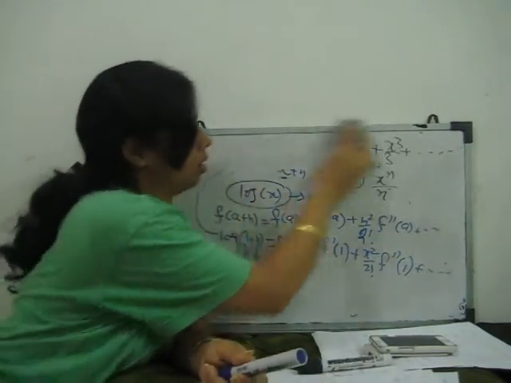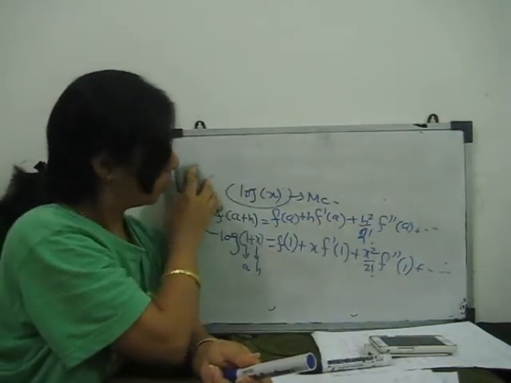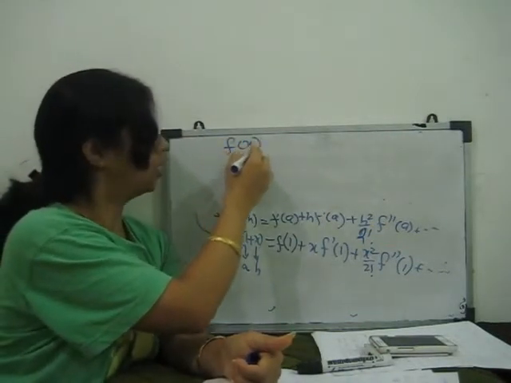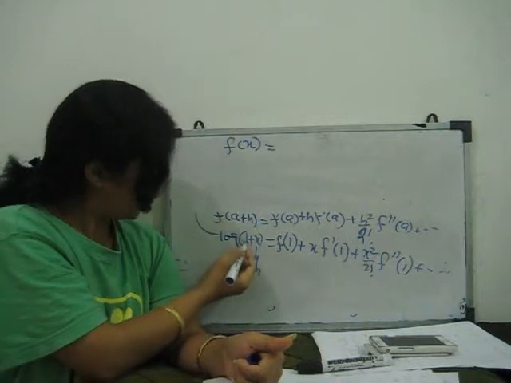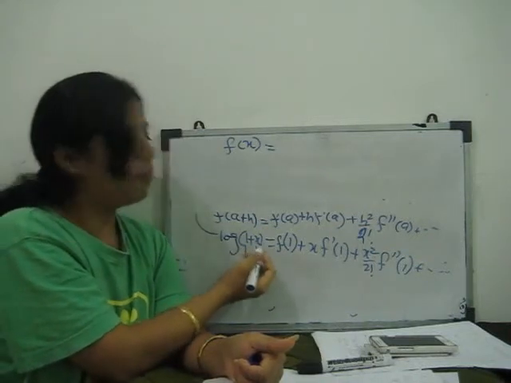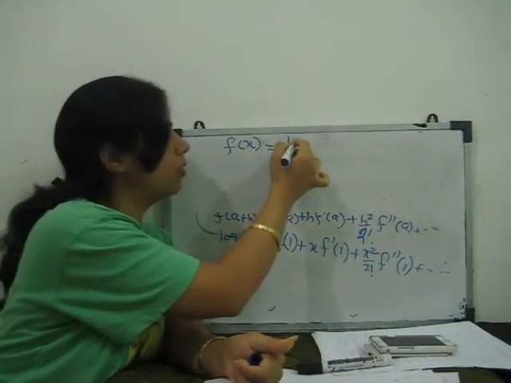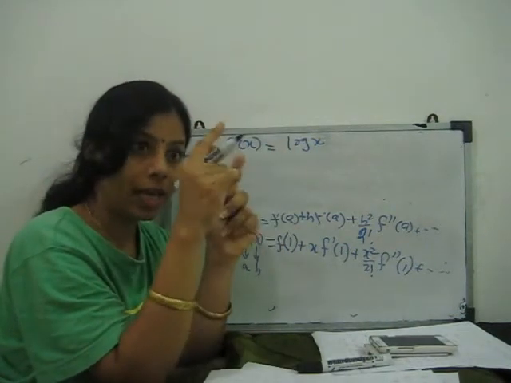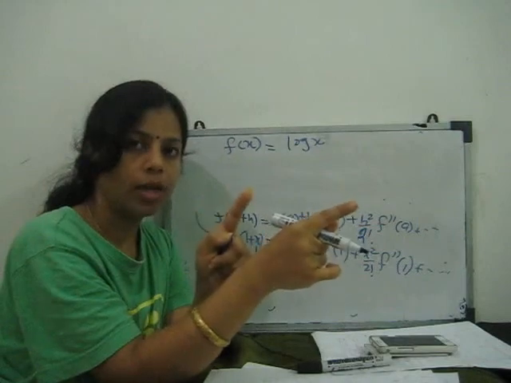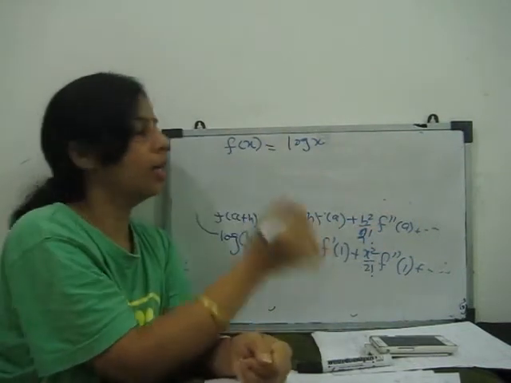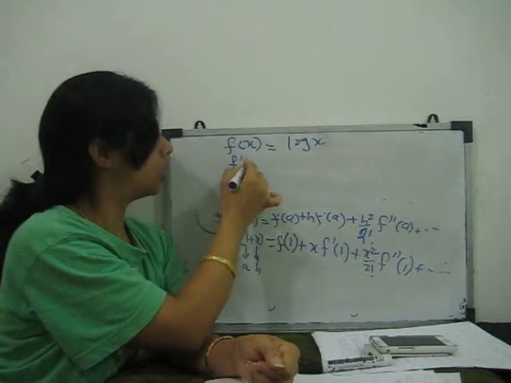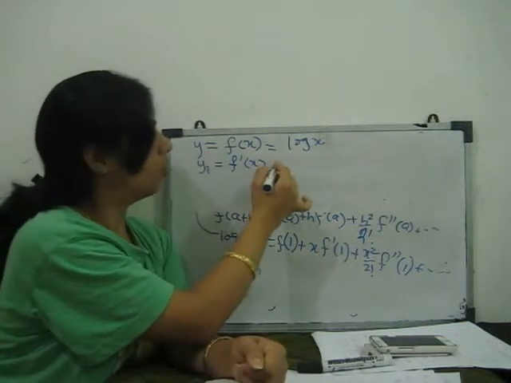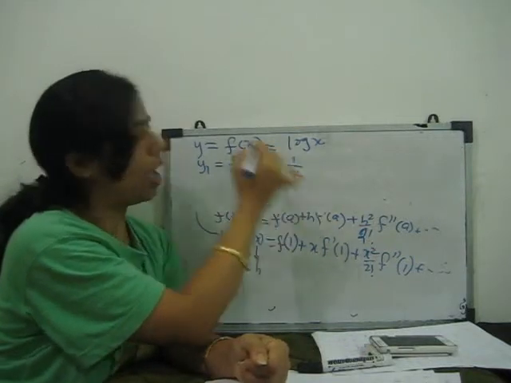Since it is f of a plus h, the basic function is log x. When we find the value at a plus h, one point extra, we write f dash, which is y1. So y1 is 1 by x.